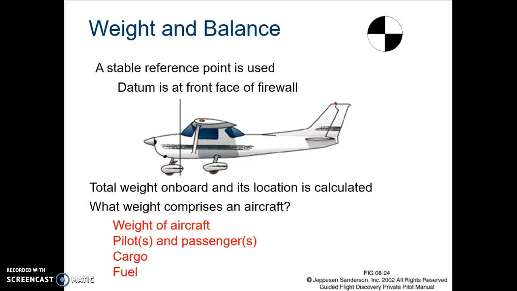We call this origin or reference point datum, and it's always located right at the front of the aircraft's window. Now going back to weight, we need to worry about the weight of the aircraft, the pilot, the passengers, any cargo, and even fuel. So that's why you check in bags at an airport and you always see that they weigh it first, if you've noticed that.